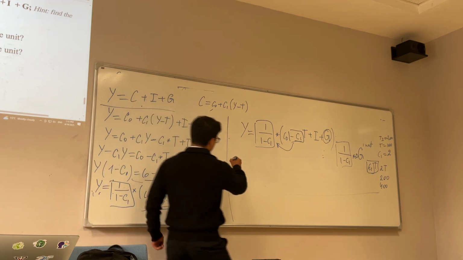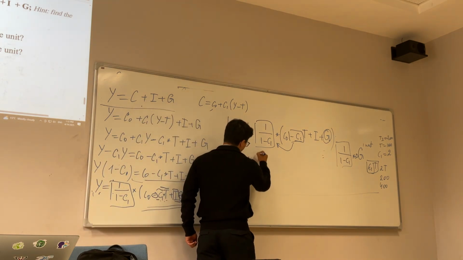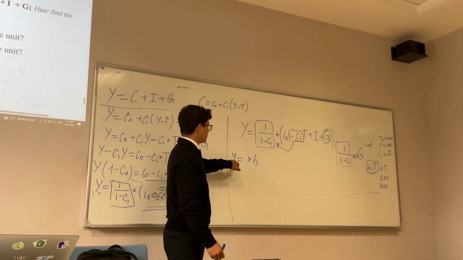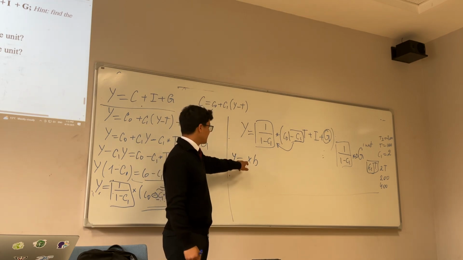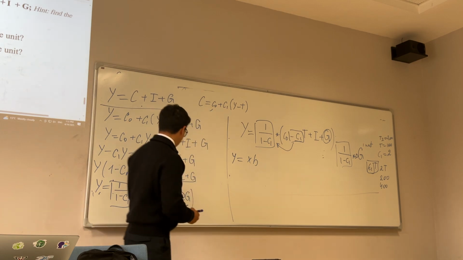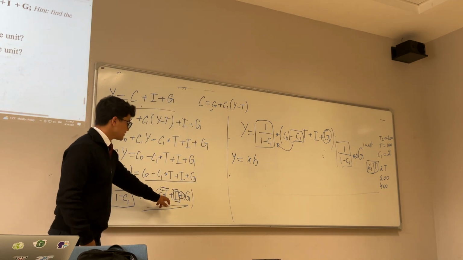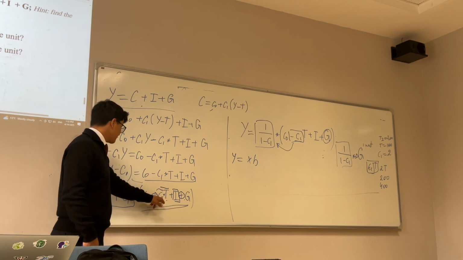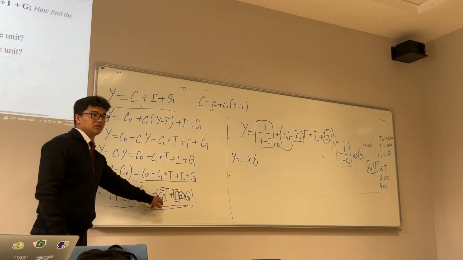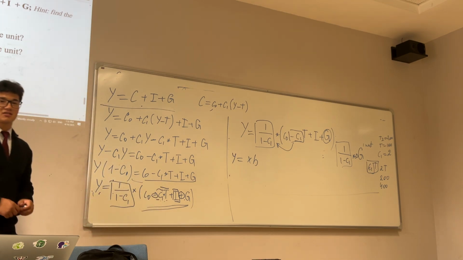Let's say our Y is equal to XB. When B increases by 1 unit, Y changes by X. You see? Here also, when T increases, our Y decreases by C1, the slope. That's the expression of slope.